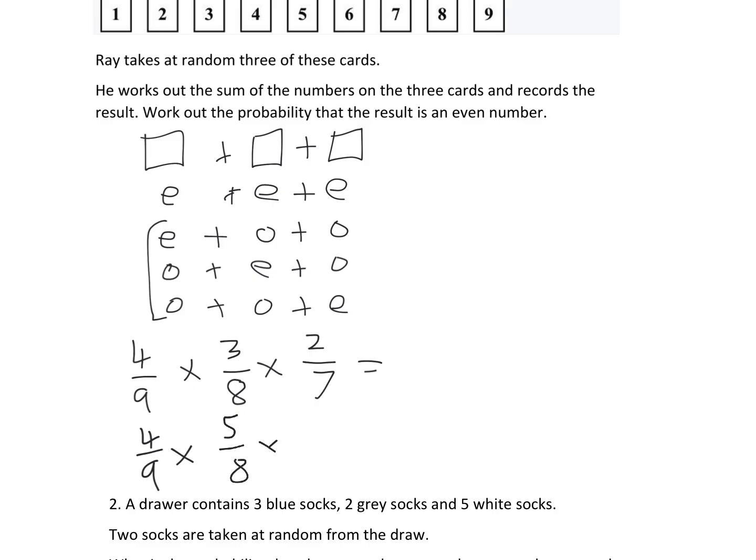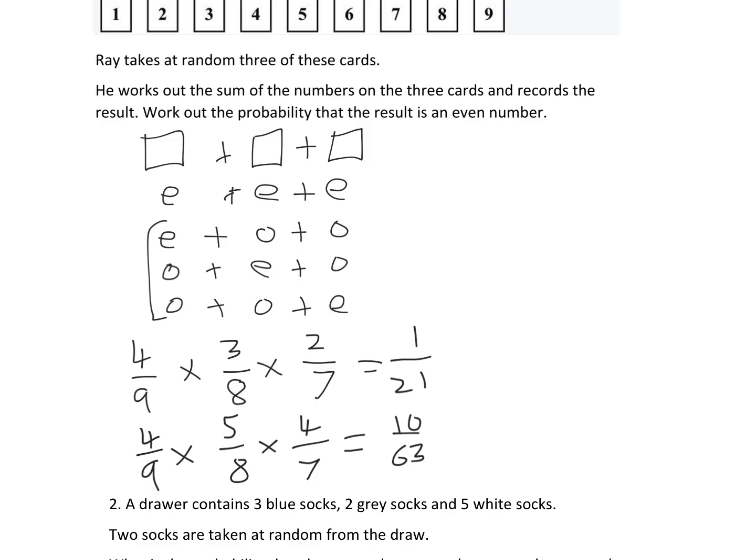And then on the third go, we want another odd. There'll only be 4 odds now out of 7. And then we go from there. We could do a little bit of simplifying there, but at this stage I'm just going to put it in the calculator and work those out. So the first one gives 1 over 21, and the second one is 10 over 63.